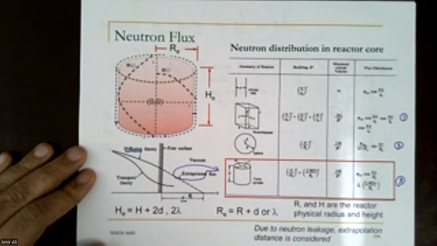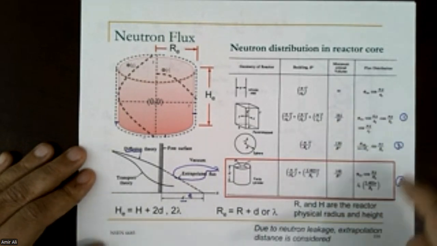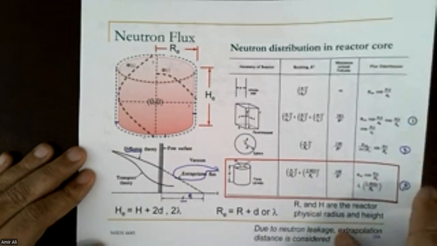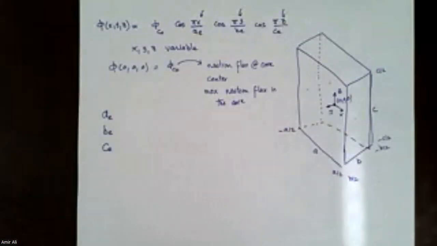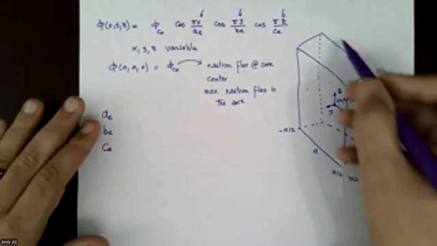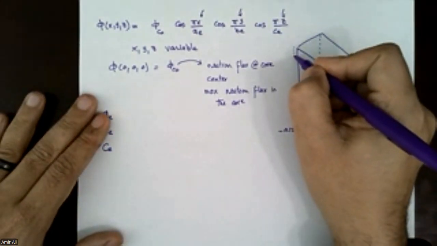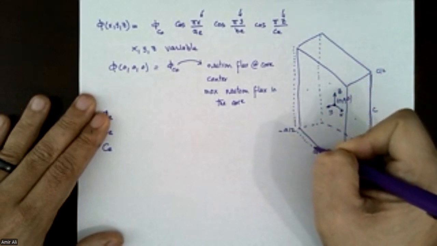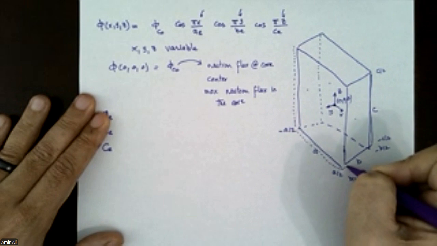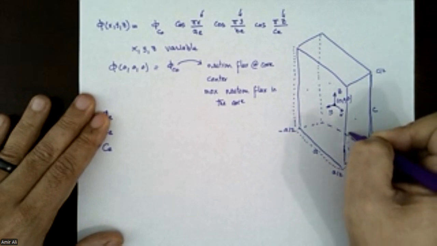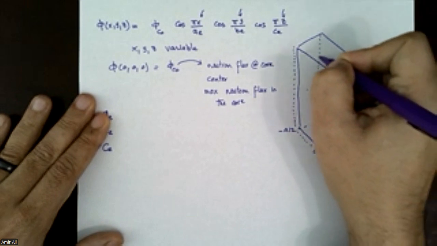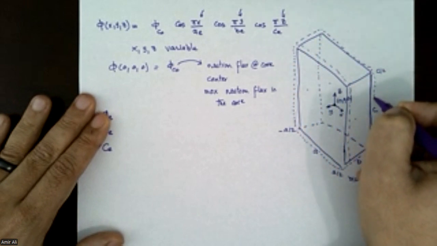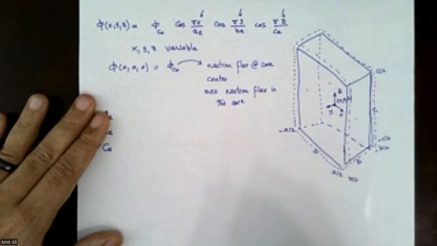Which means that when we talk about neutrons, and these are the equations for neutron flux, we have to consider that extrapolation distance in the equation. It is telling me that if this is your physical boundary, there is a dashed line extending in all directions, like an envelope covering the whole reactor, and we assume that the extension is uniform in all directions.